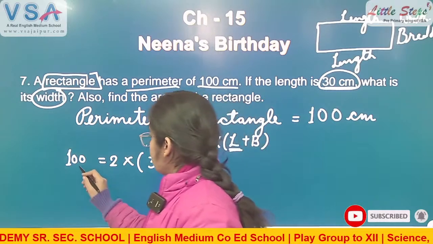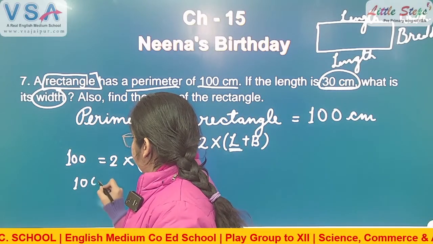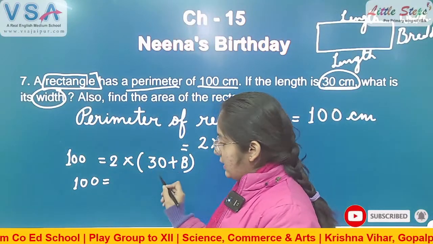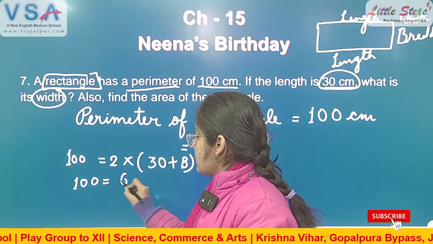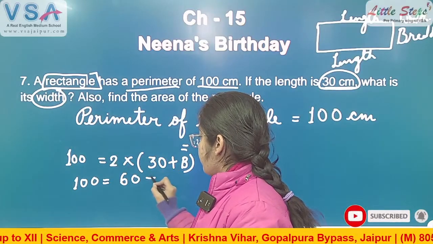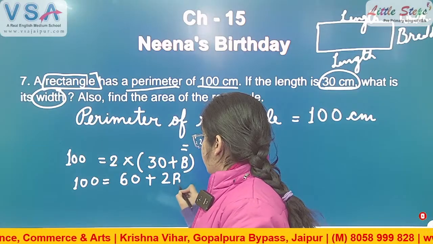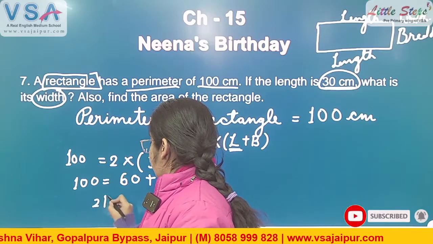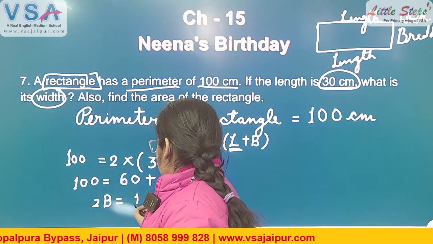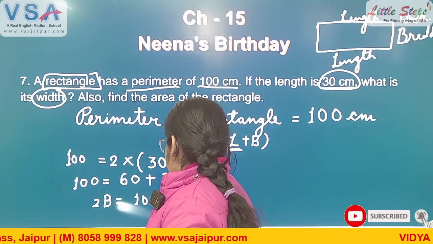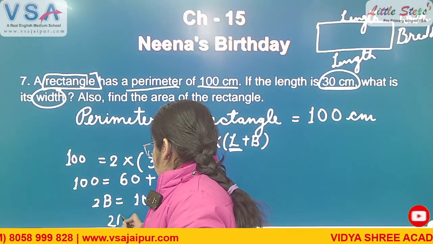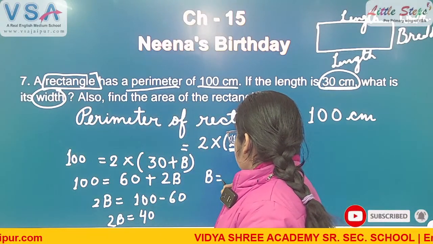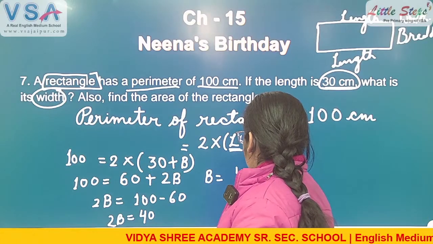So 100 equals 2 multiplied by 30, which is 60, plus 2 times the breadth. So it is 2b equals 100 minus 60. 2b equals 40. And then breadth is equal to 40 divided by 2.